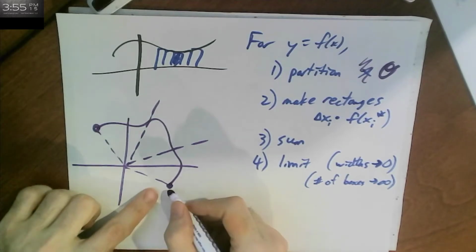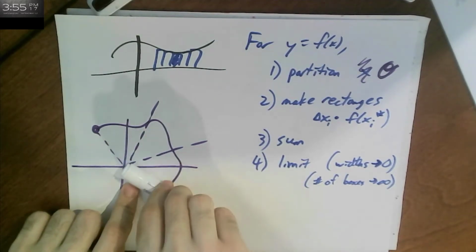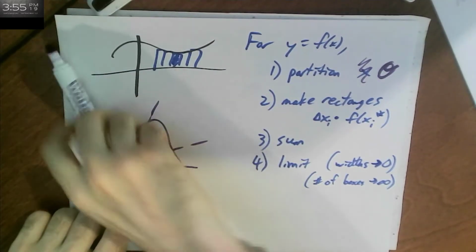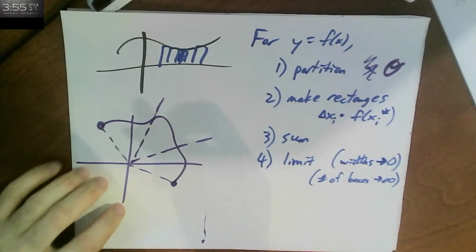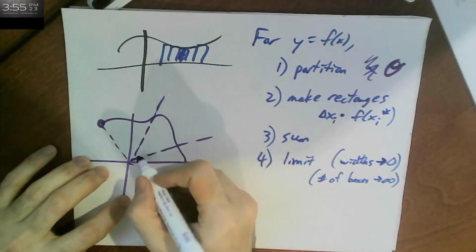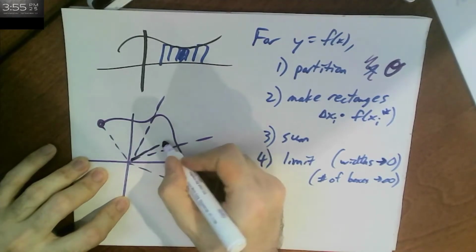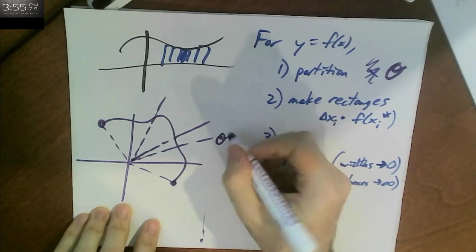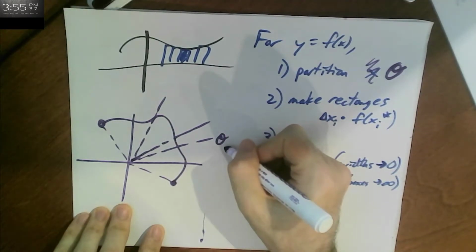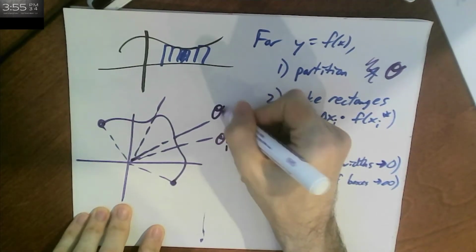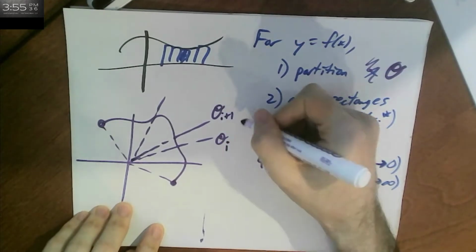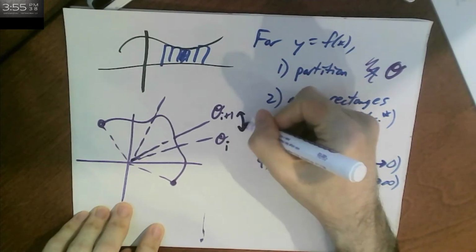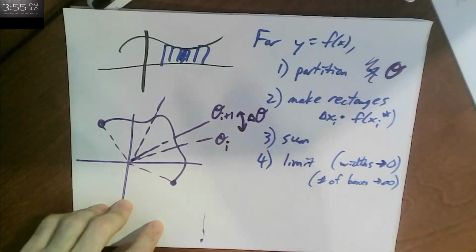If I'm interested in starting at this theta and finding the area all the way around to that theta, we're going to get little bits of theta. So maybe from this theta i until this theta i plus 1. This difference there would be a delta theta.